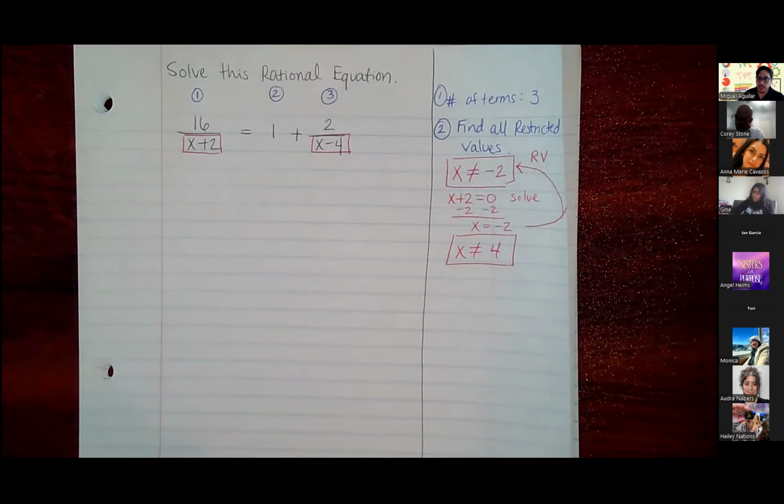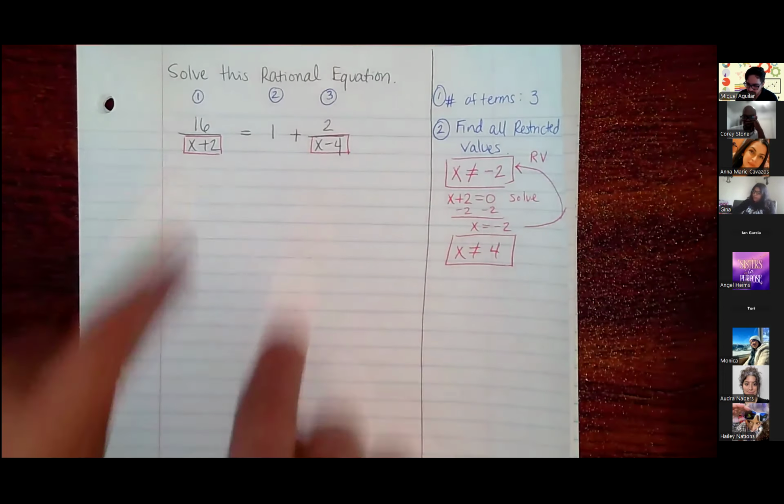Okay. So for now, I'm going to set aside my restricted values. I found them at the very beginning before we even started solving this equation, and that's going to come back into play later. What we're going to do now is go through the same steps that we saw on the last problem and solve the equation. Once I get my solution or my solutions, the way you're going to check them is that you need to make sure that they're not restricted.